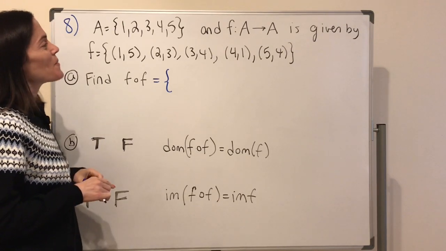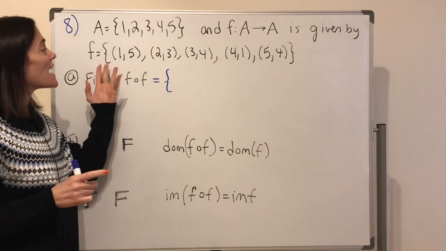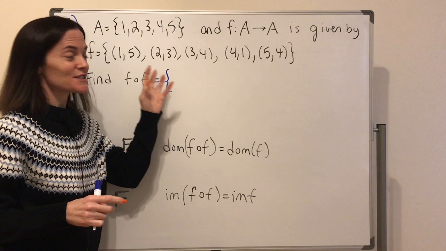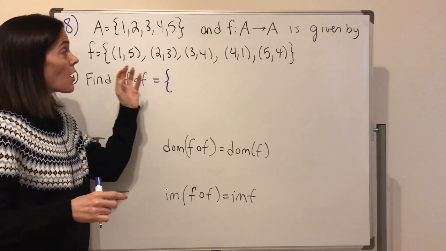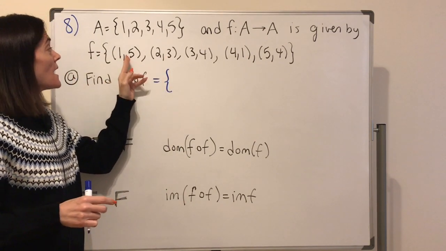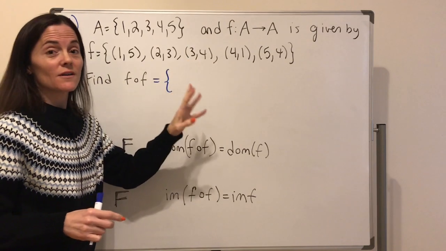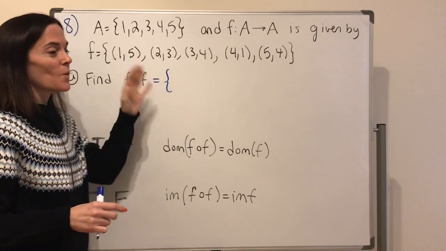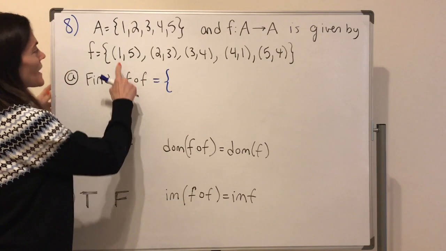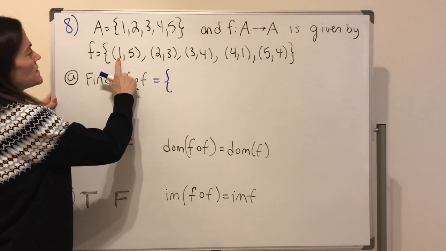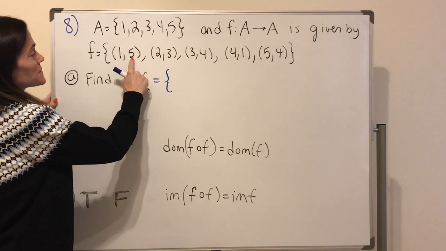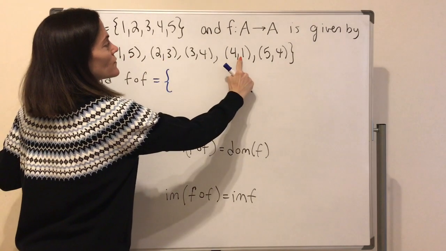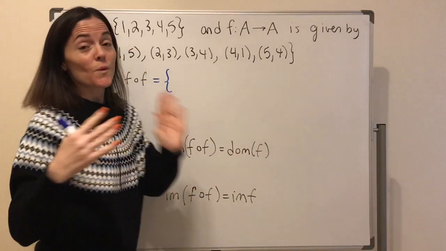Well, if you go back to functions, f, the first coordinates in each ordered pair are the elements in the domain, and then the second coordinates in each ordered pair are the elements, thinking about them in the codomain or the image it would be, and then this maps to this. So f of 1 is 5, f of 2 is 3, f of 3 is 4, f of 4 is 1, and f of 5 is 4, like this.